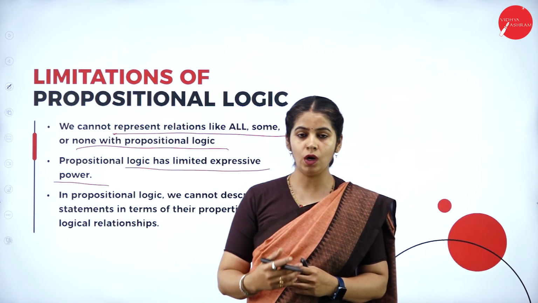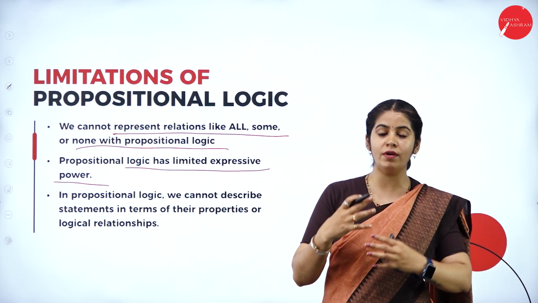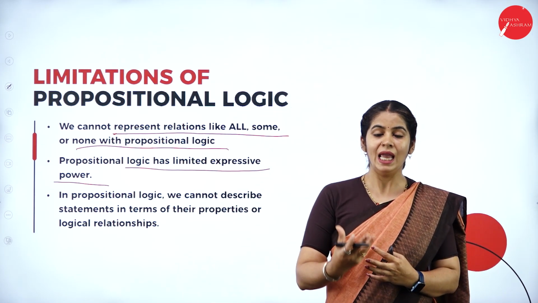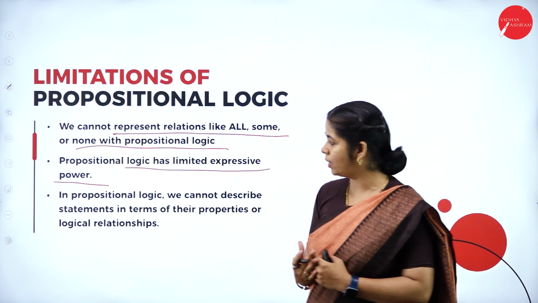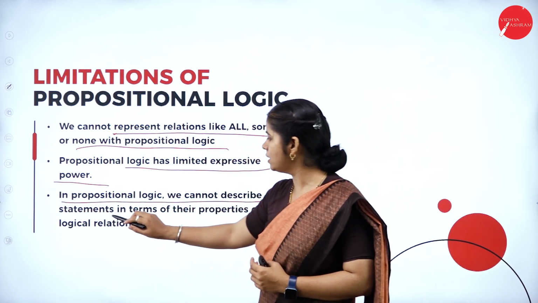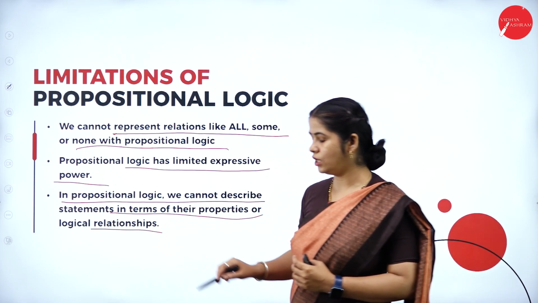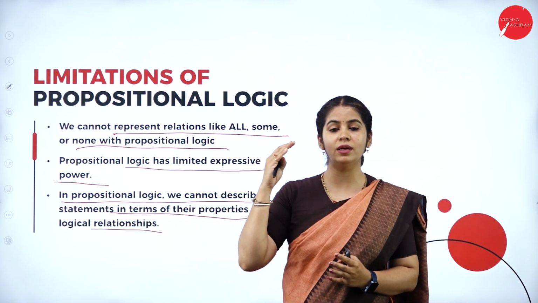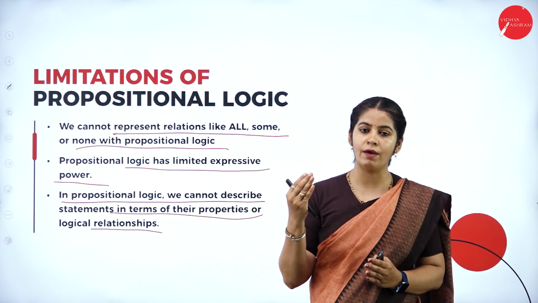Propositional logic has limited expressive power. It cannot express whatever exactly it wants to. It is limited in expression. So we are going for first order predicate logic. In propositional logic, we cannot describe the sentence in terms of their properties and logical relationships. We cannot describe in terms of properties what all properties the sentences can have.